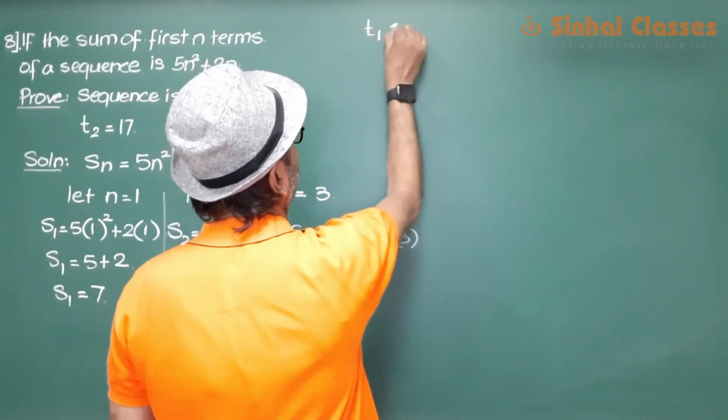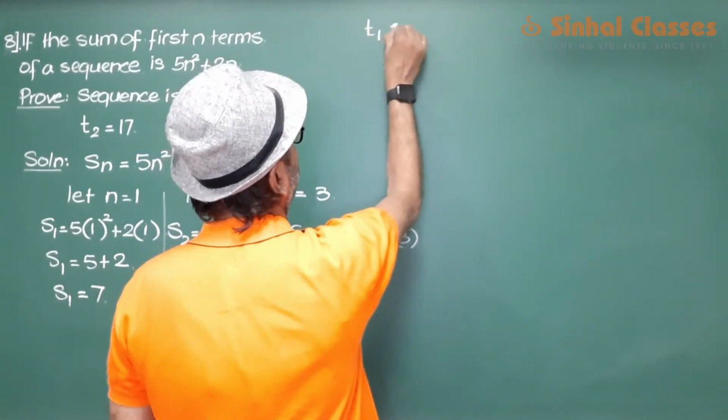When we want to find out T2, T2 is equal to S2 minus S1. If you want to find out T3, T3 is equal to S3 minus S2. Now, T2 is how much? S2 minus S1. That would be 24 minus 7, which is 17.